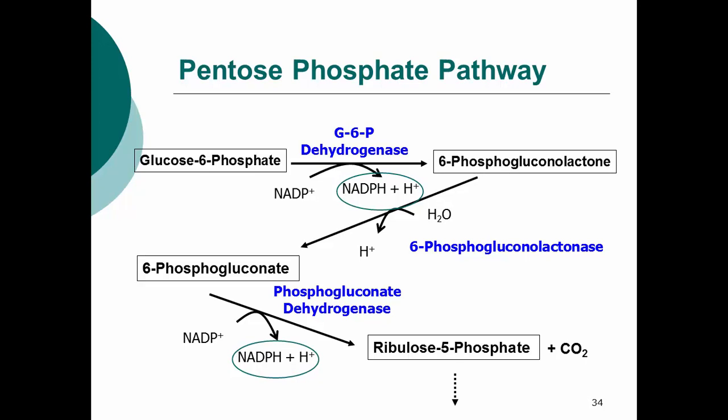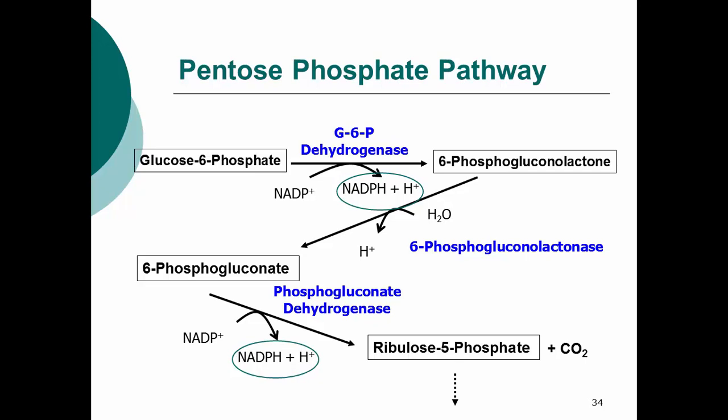And the second thing is that during this pentose phosphate pathway, NADPH, not NADH, right? NADPH molecules are generated, and these NADPH molecules are important and can be used for fatty acid synthesis, right?